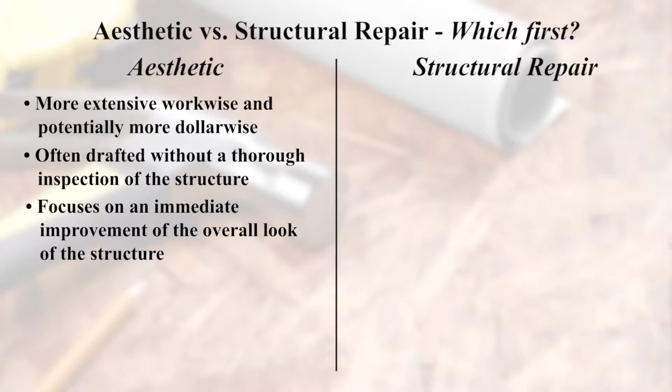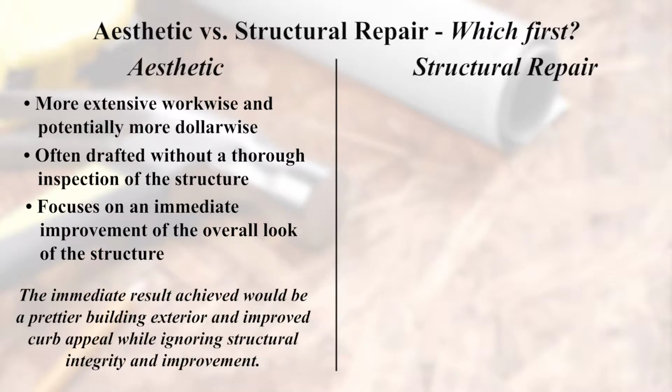In these types of scopes, it is common that structural inconsistencies will be patched or filled in with Bondo or a similar product and then primed and painted. The immediate result achieved from an aesthetic repair program from a general contractor would be a prettier building exterior and improved curb appeal, while potentially ignoring some integrity and structural issues.